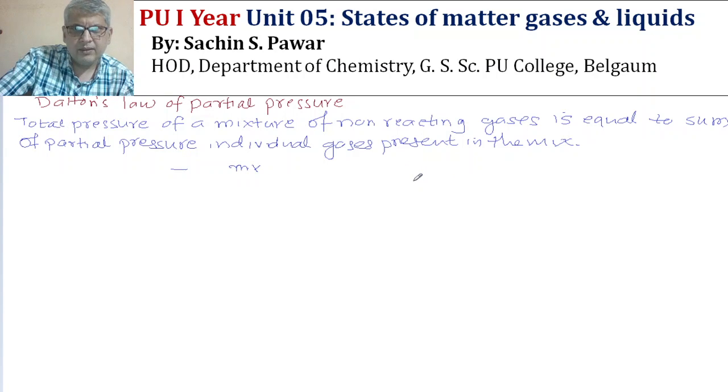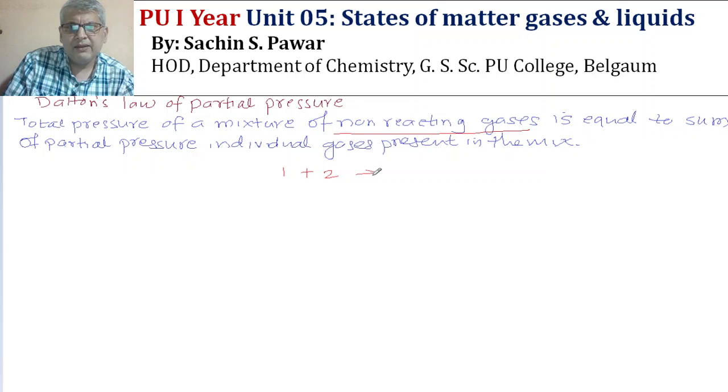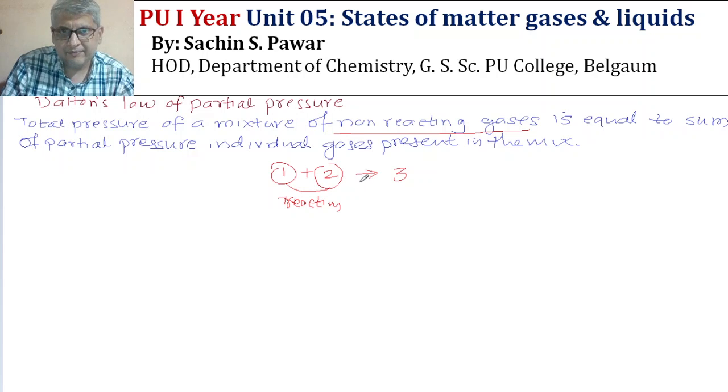Before I go further, this law is applicable to that mixture which has non-reacting gases, because see, if the two gases are reacting, they will combine to form a third gas, and both these gases will disappear to form the third gas. In that case, these become reacting gases. So in that case, these gases lose their individuality, existence, and that's why we cannot apply it to reacting gases. They should be non-reacting gases.